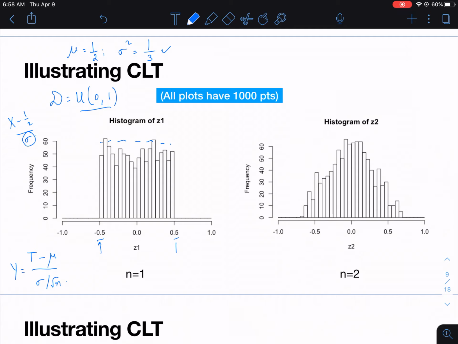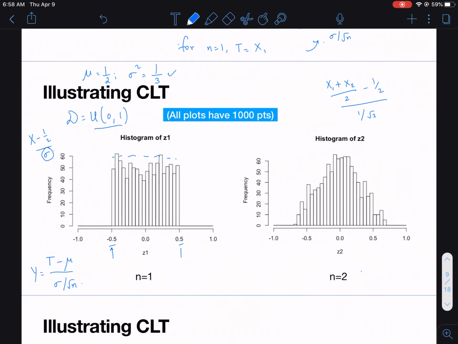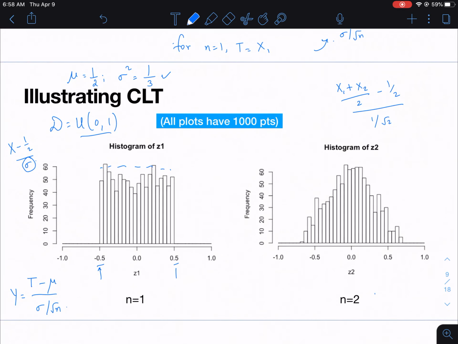But now here is n equals 2. That's x1 plus x2 by 2 minus half divided by 1 by root 2. Dividing by 1 by root 2 is like multiplying by root 2, and that's what I've plotted here. If you carefully work this out, this turns out to be a distribution of this kind.